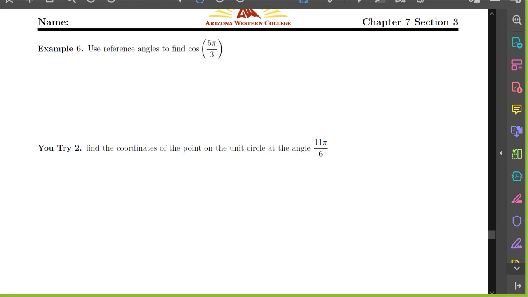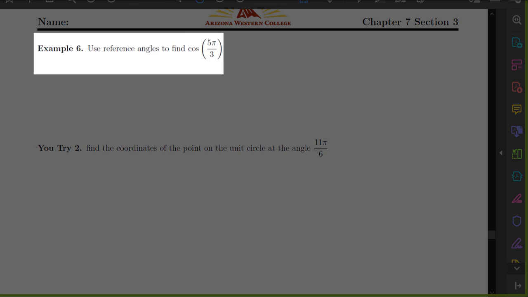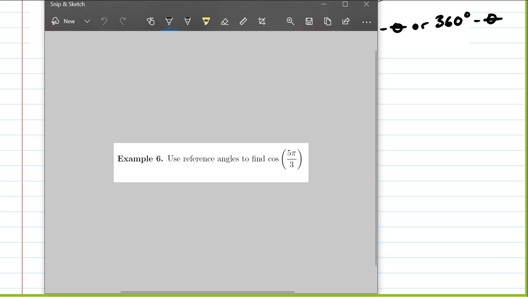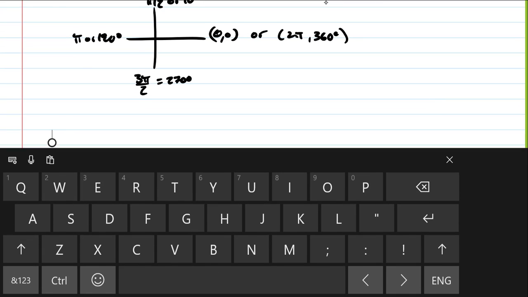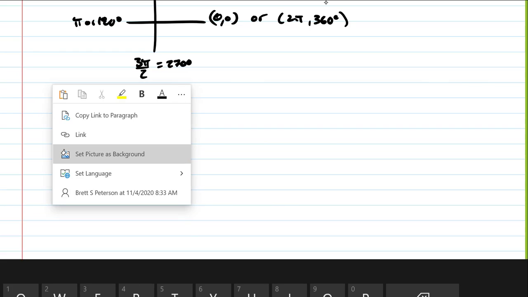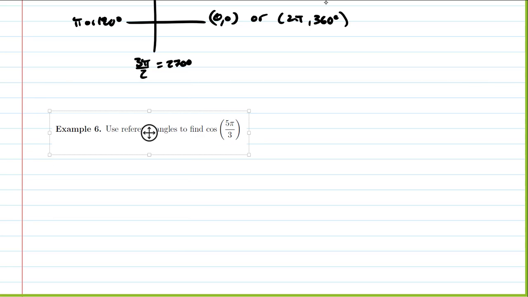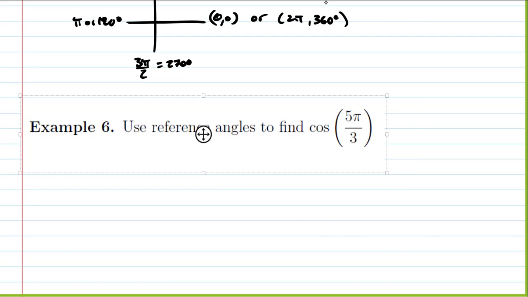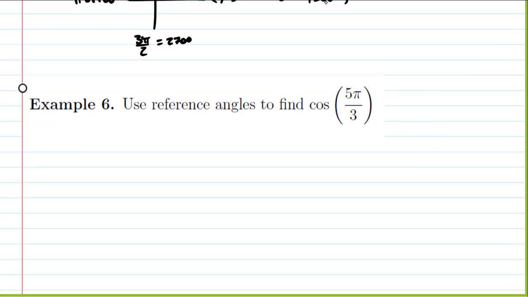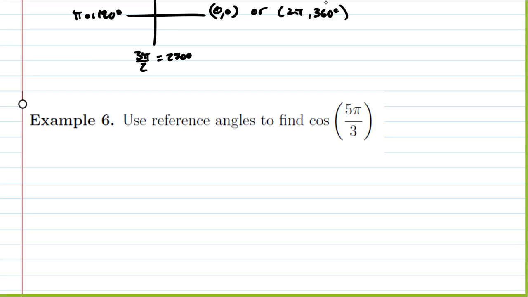All right, example 6, use reference angles to find the cosine of 5 pi over 3. So 5 pi divided by 3, that's going to be in quadrant 4.